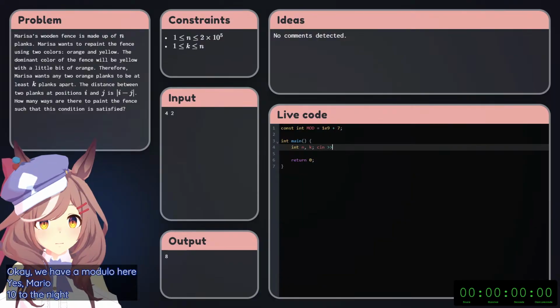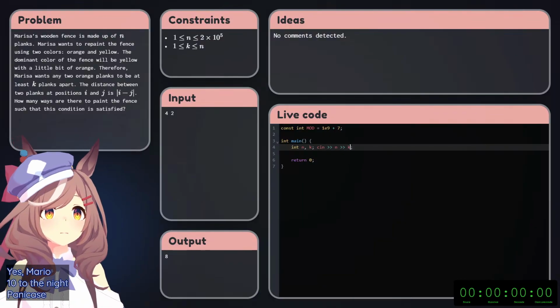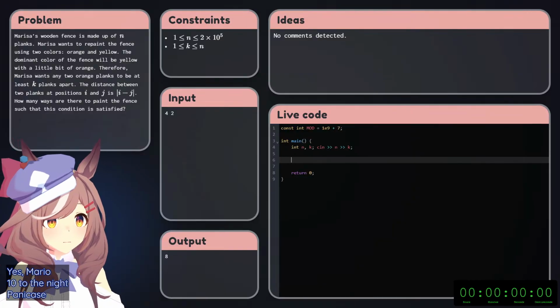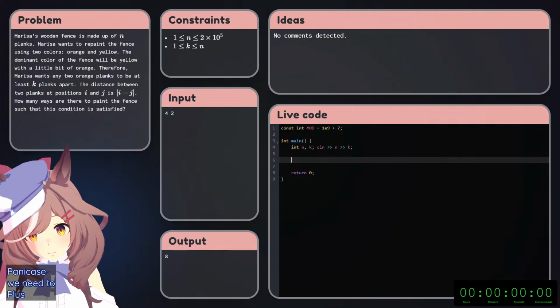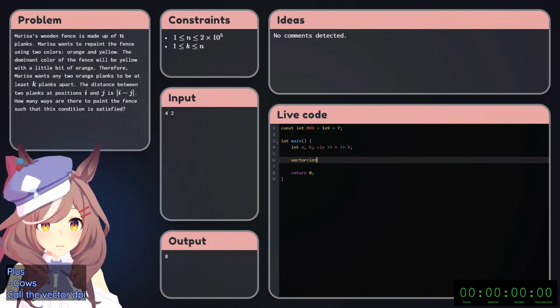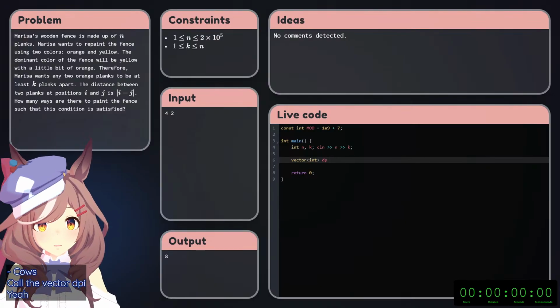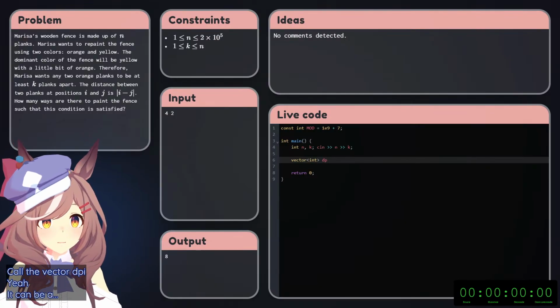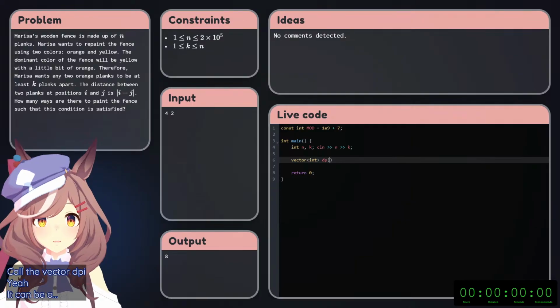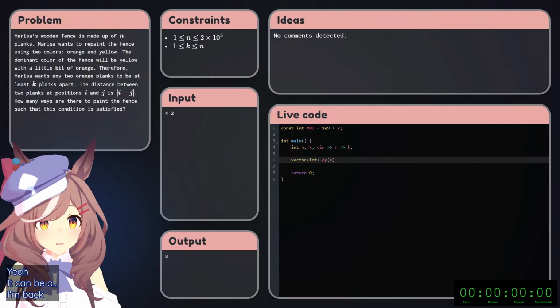Read N and K. So we need to count. Okay, so let's go to the vector dp. In dp here, it can have n values.